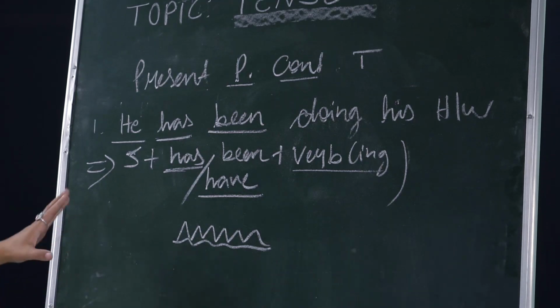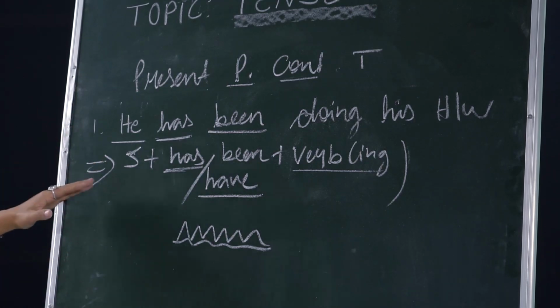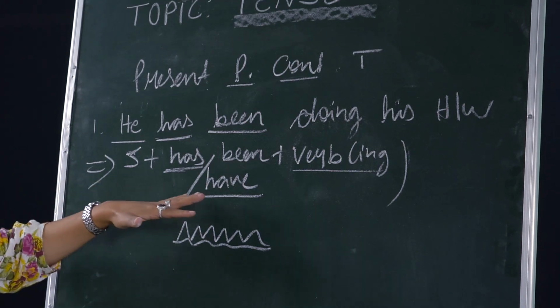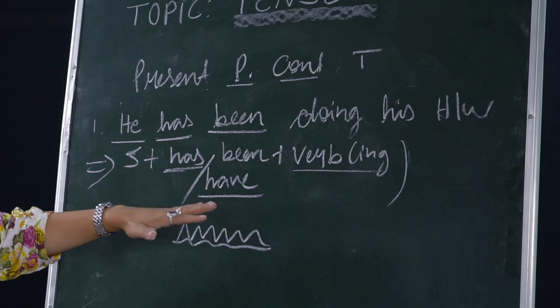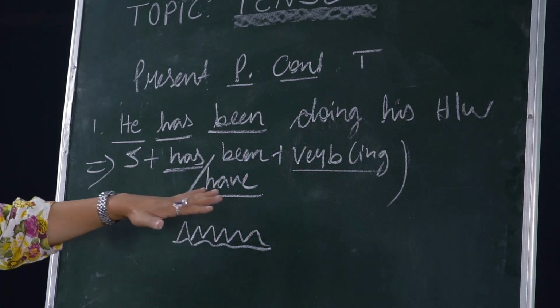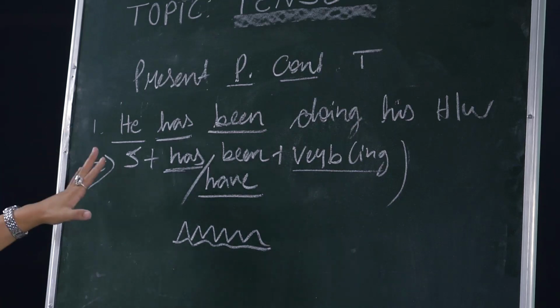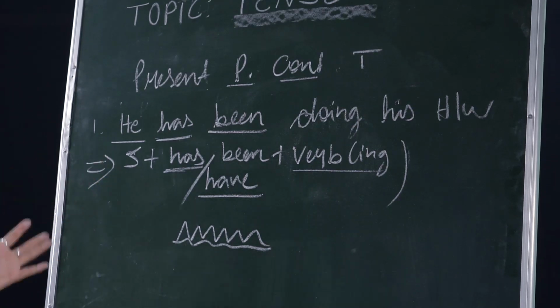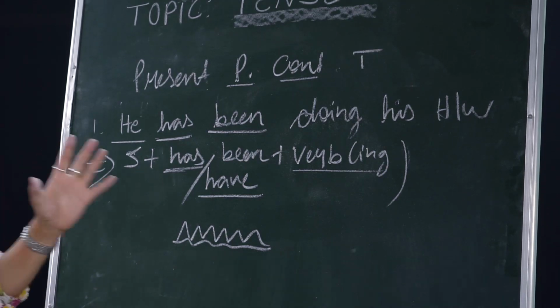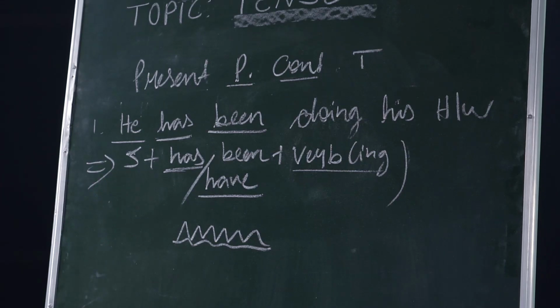So I'm going to repeat the structure again. Present perfect continuous tense: subject plus has or have plus be or been, plus verb plus ing. That would give us present perfect continuous tense. Now you may be wondering where this is leading, but stick around, we will figure out more after we finish the future tense.